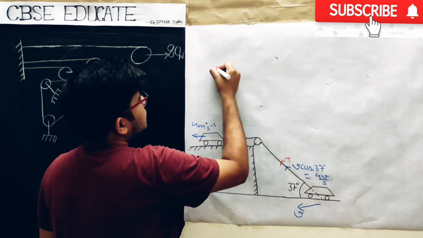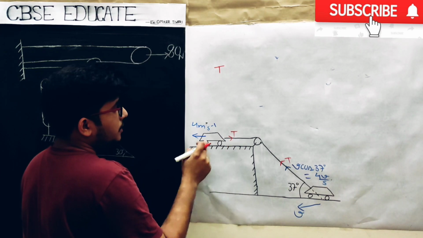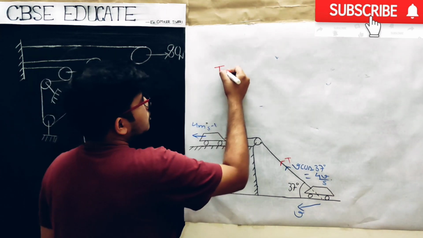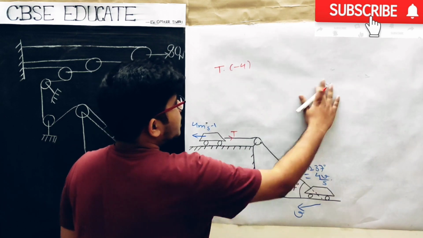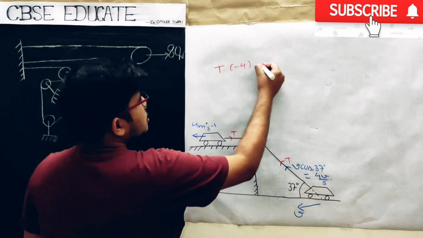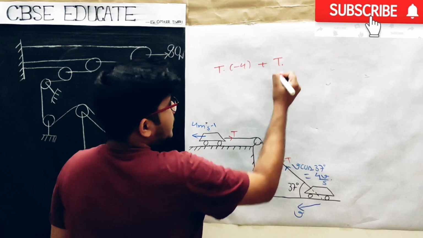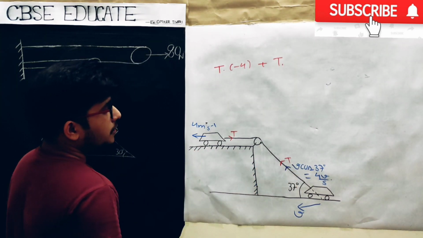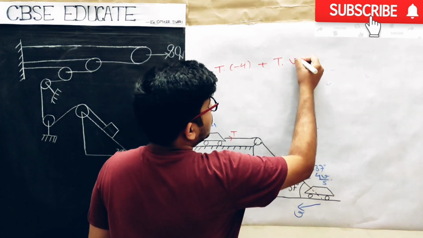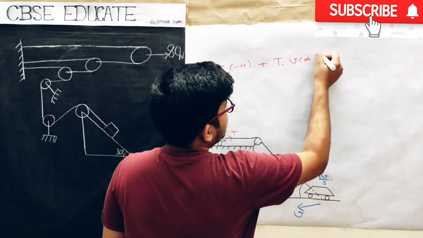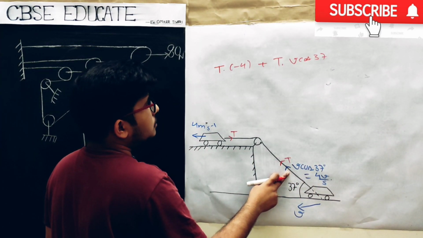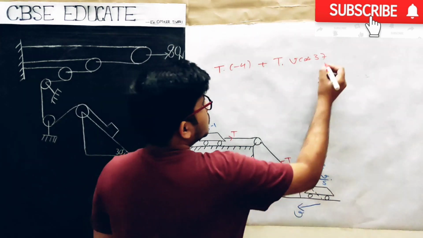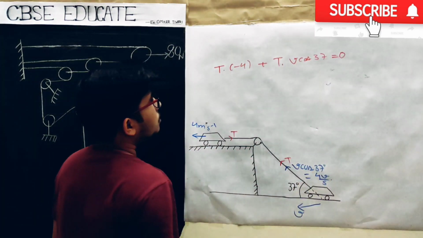This T is in the opposite direction to the velocity, so T dot minus 4, plus T dot v cos 37. The T and the velocity component are in the same direction, so both are positive, equal to 0.